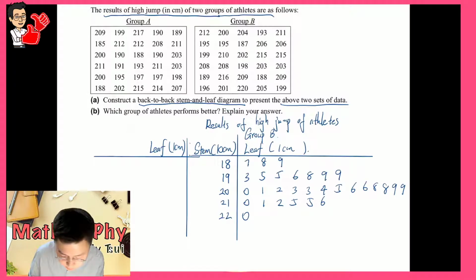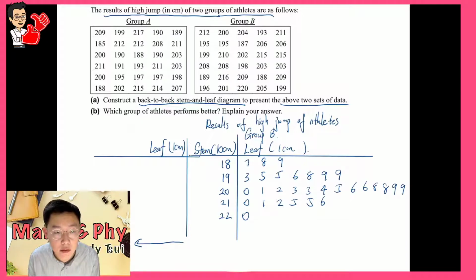In this case, we need to arrange the numbers in ascending order, but this time we need to start from the right-hand side to the left-hand side. So this one starts from right to left.